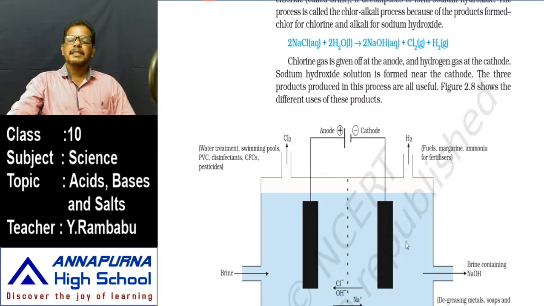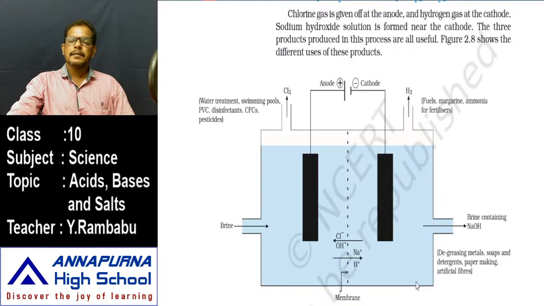These H plus ions have a shortage of electrons. Then the cathode supplies the shortage of electrons to the H plus ions. Then neutral hydrogen gas is let out through this channel. Like this, the main product is sodium hydroxide, and the byproducts are chlorine and hydrogen.